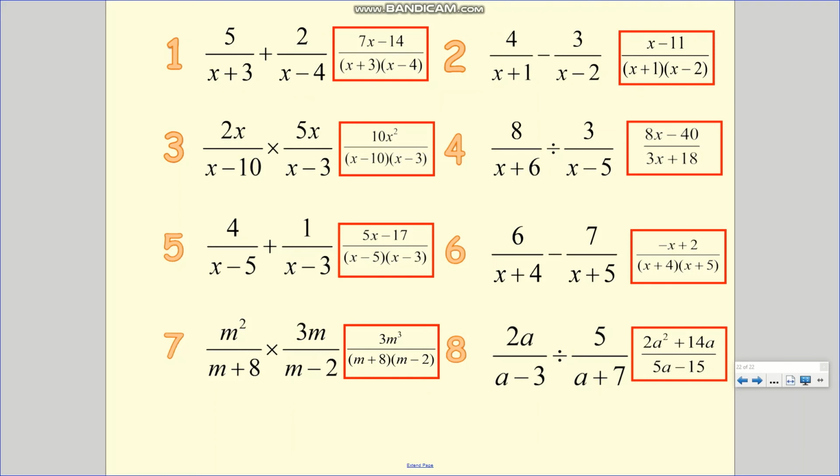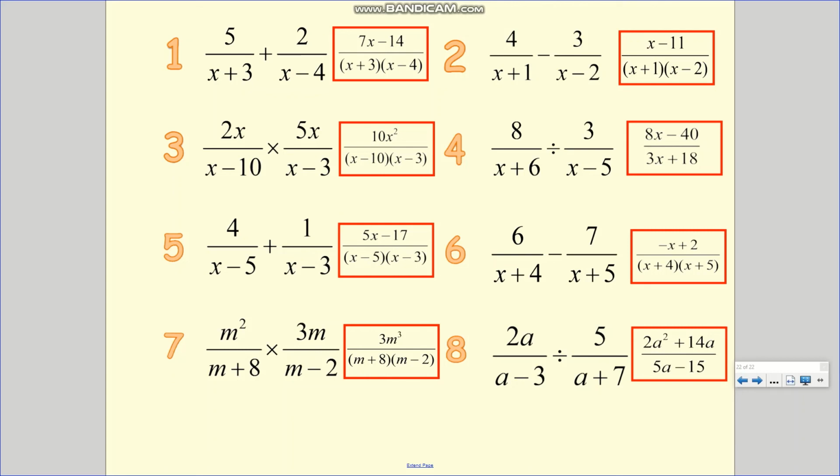Okay, and here we have your answers. For question 1, you should have 7x minus 14 over x plus 3 times x minus 4. For number 2, x minus 11 over x plus 1 times x minus 2. Number 3 is 10x squared over x minus 10 times x minus 3. For number 4, 8x minus 40 over 3x plus 18.